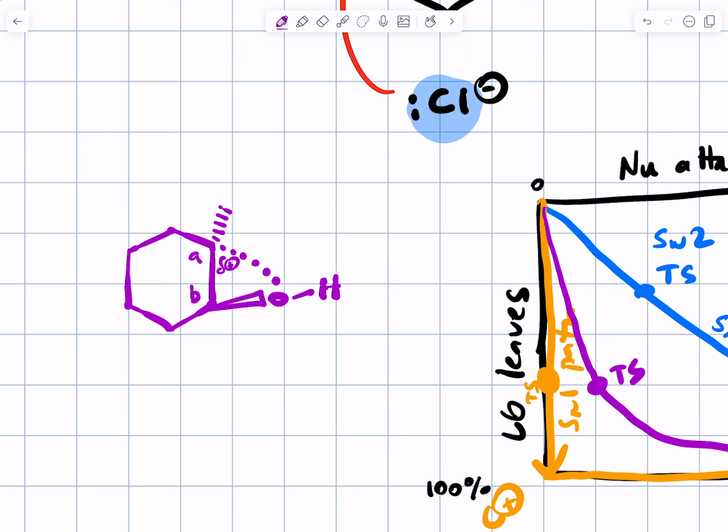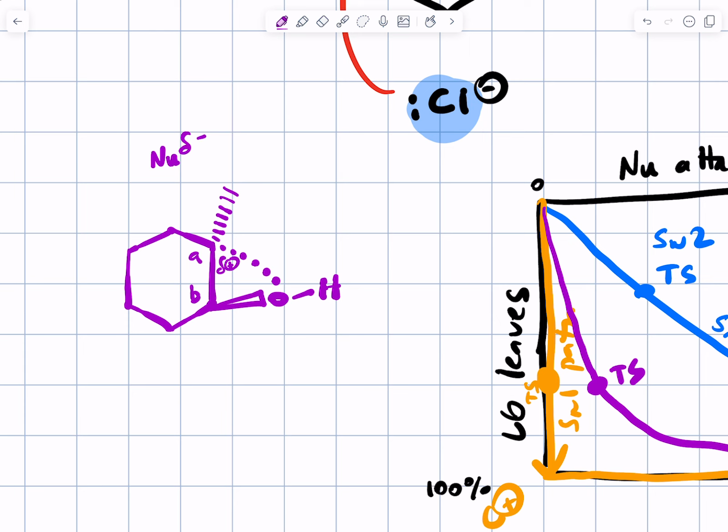I'm just going to sort of splay that methyl group out like this. But you're going to have to imagine that its geometry is not quite an sp3 hybridized tetrahedral carbon, with all the alkyl groups puckered in one direction, as would be the case for an sp2 hybridized carbon, but rather that carbon's flattened out a little bit. And that's going to make space for the nucleophile to approach from the backside.